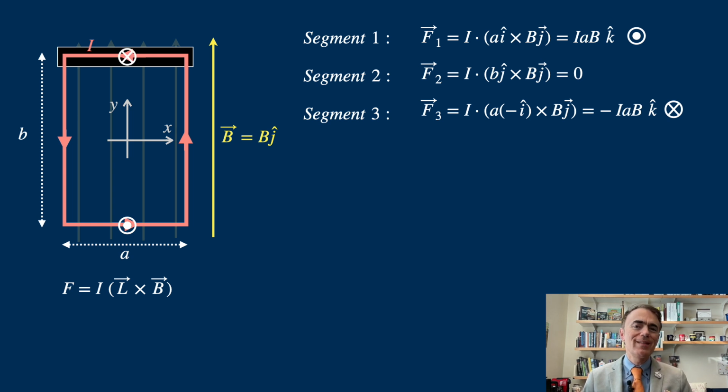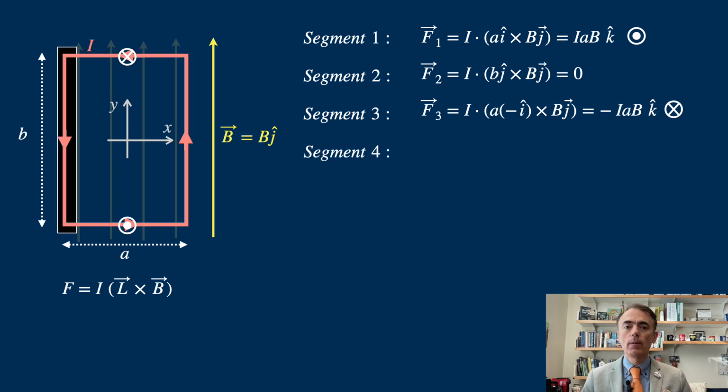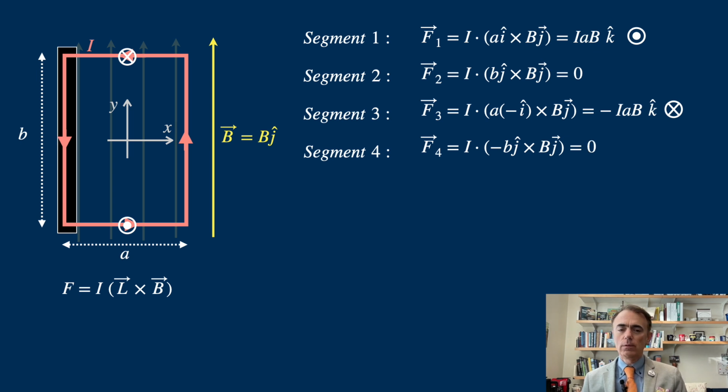This force points in the minus z direction, downward, opposite to F1. Segment 4 is along the minus y-axis from plus b over 2 to minus b over 2, and the net force on this segment is 0. This segment also experiences 0 force as the L vector and B vector are again parallel or anti-parallel in this case.